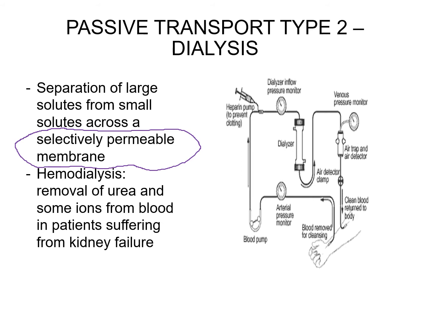So if somebody's filtering system, their kidneys, aren't working right, that's very, very dangerous. Toxins can build up very quickly and can be deadly if not corrected. So dialysis is a way of artificially cleaning the blood and pumping the clean blood back into the person's body.